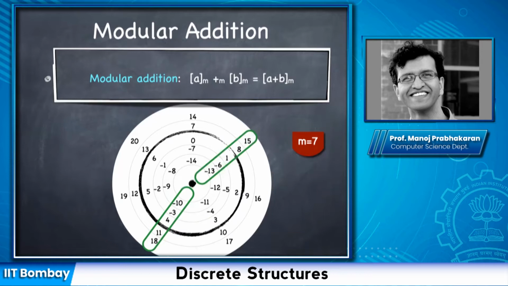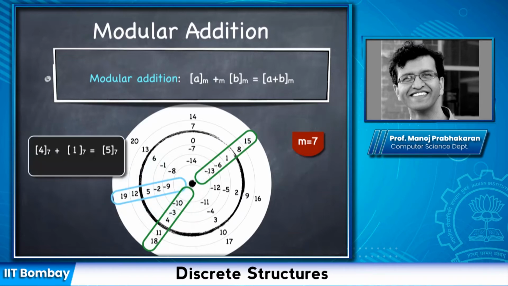This is the congruence class for 4, there's a congruence class containing 1, and I want to do 4 plus 1. I would get 5 according to this definition, so I would get the congruence class containing 5. That's the sum of these two congruence classes.